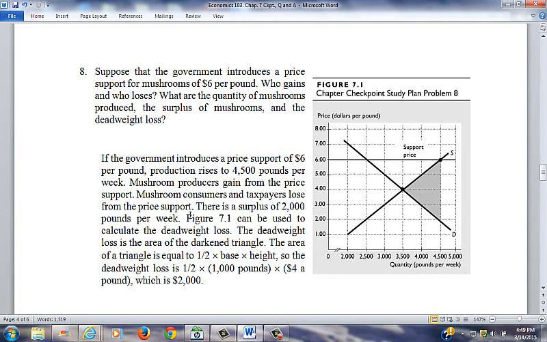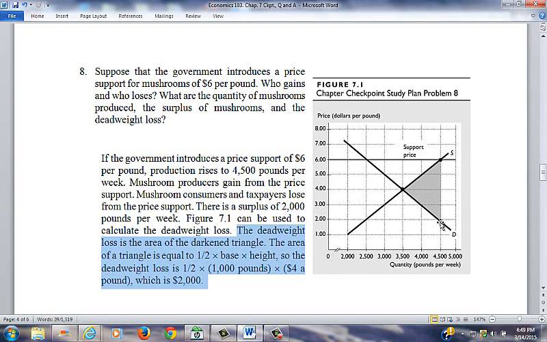And then you can use the figure to calculate the deadweight loss, which is this gray triangle here. The deadweight loss is the area of the darkened triangle. We know the area of the triangle could be 1/2 the base times the height. So in this case here, the height you can determine of $2 down here and $6 here.